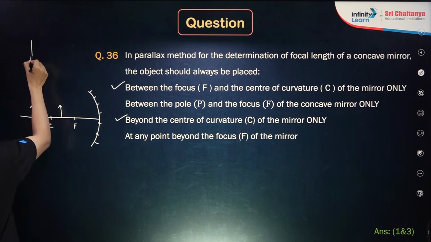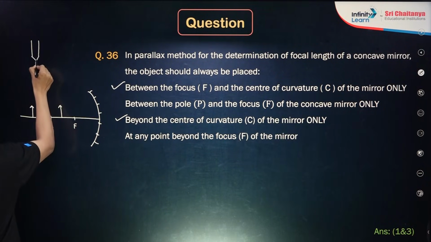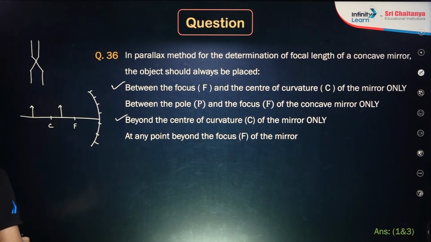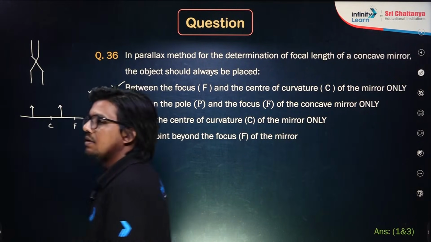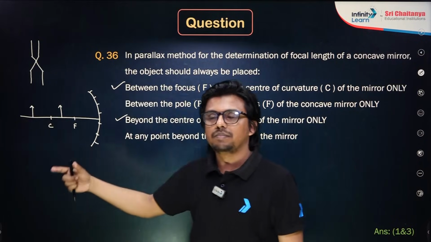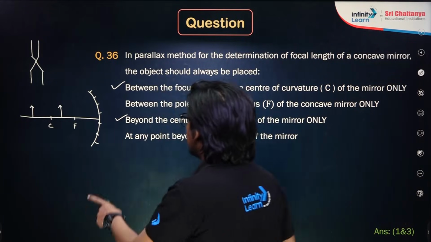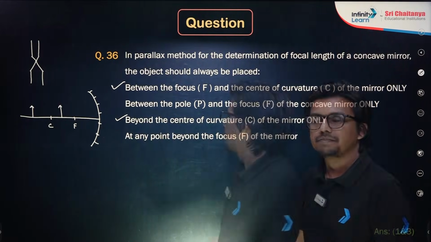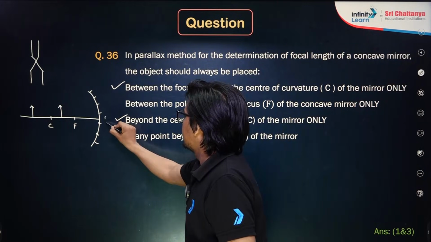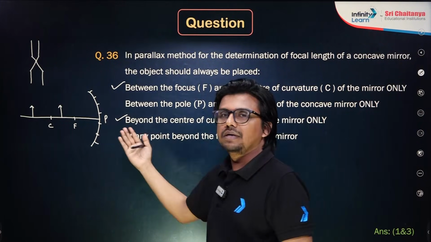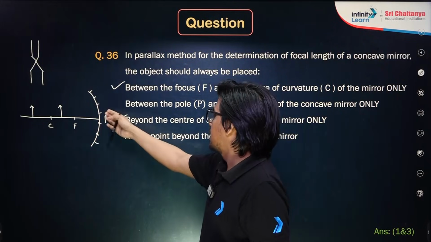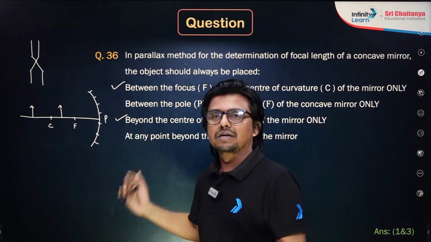When you use this method, there must be an inverted image, and that can only be formed if the object is beyond C or between the center of curvature and the focus. So these are the two correct options. Not between focus and the pole, because in that case the image will be upright.